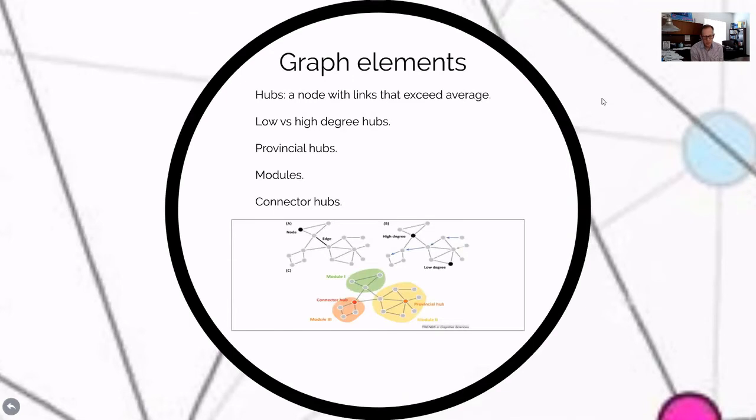So high degree hubs are sort of networks where there's lots of activity happening at once. Provincial hubs, where there's many more nodes and edges connected to each other. Modules, which are essentially neighborhoods of connecting features. And connecting hubs, which are hubs that through paths connect different hubs or different modules or neighborhoods in the brain.